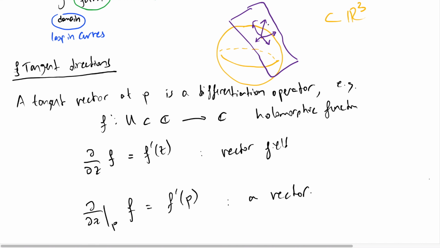That's how a vector gives you a differentiation operator. It turns out that the result is independent of the path you have chosen. It just has to be tangential to your vector. But we don't need to connect it to this intuition, because I only care about this one-dimensional scenario. I only care about holomorphic functions and pretty much this differentiation, the differentiation with respect to a complex variable.